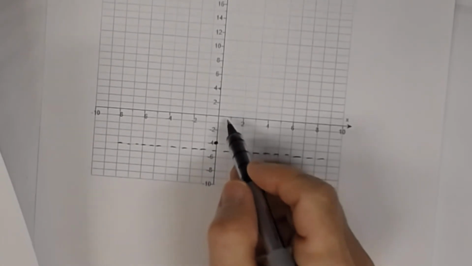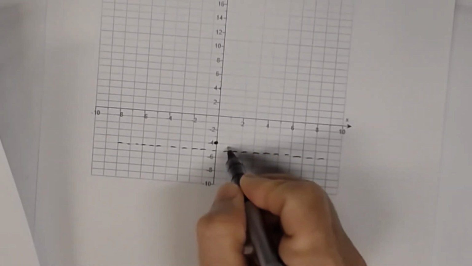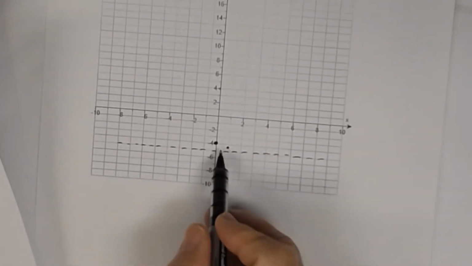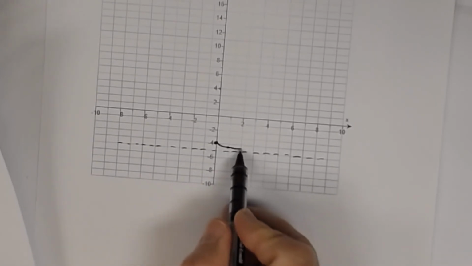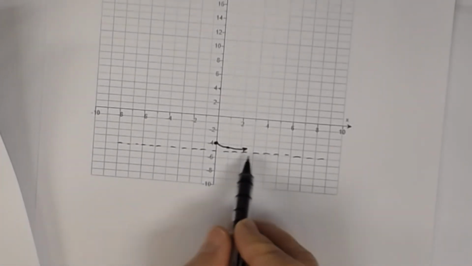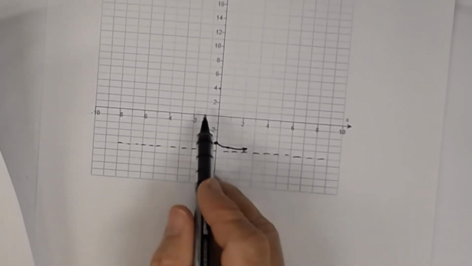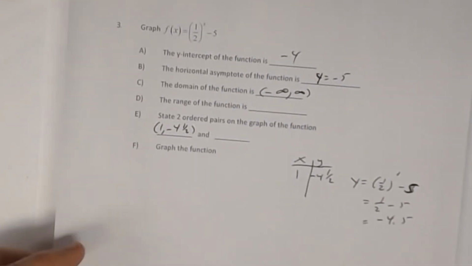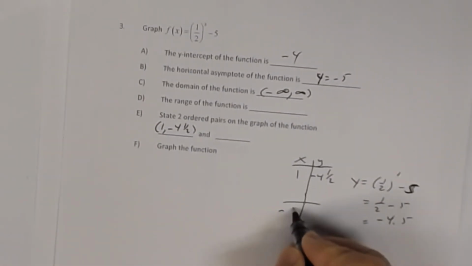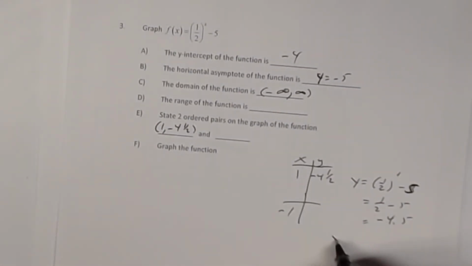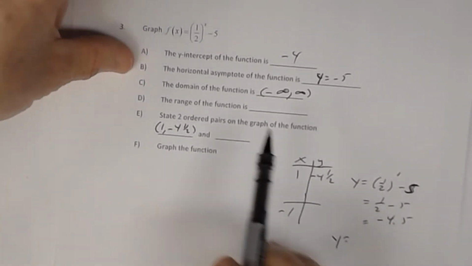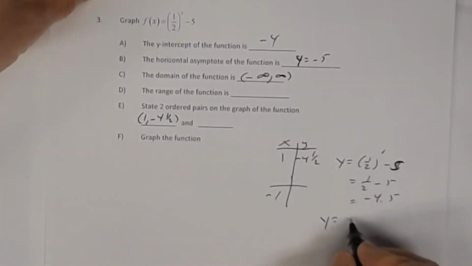Now, if I plot that point, I want you to see something. Here's 1, negative 4.5, which is here. Okay? And so on this side, the graph gets closer and closer to the horizontal asymptote. So let's see what happens on this side. On this side, we're going to have to pick some negative numbers. So let's say negative 1. If x is negative 1, I get y equals 1/2 to the negative 1 minus 5.